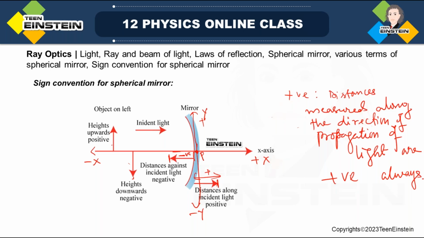Distances measured in the direction opposite to the propagation of light are always negative. Heights measured below the principal axis are negative, and heights measured above the principal axis are positive. This is very simple. We'll apply these sign conventions while solving numerical problems.